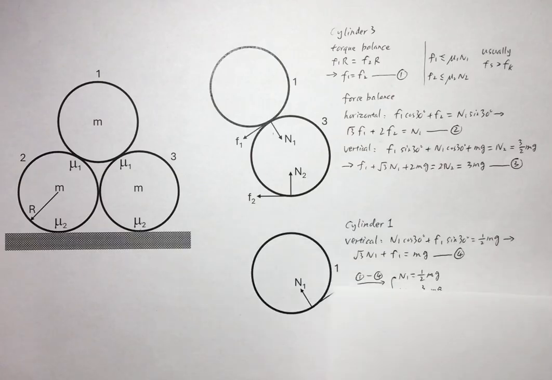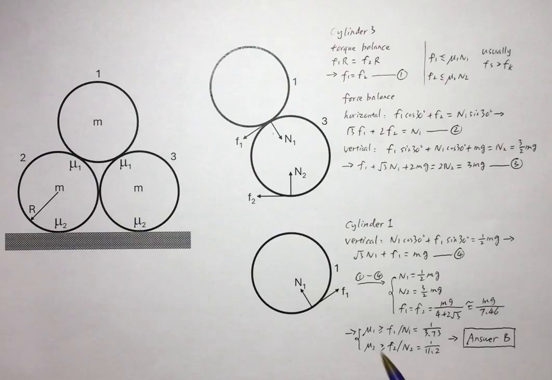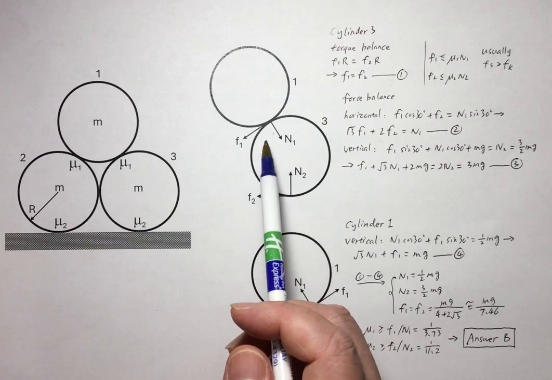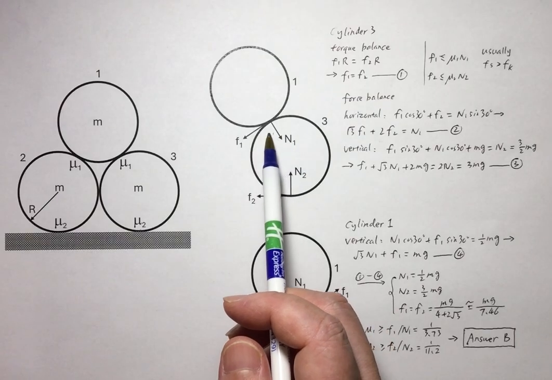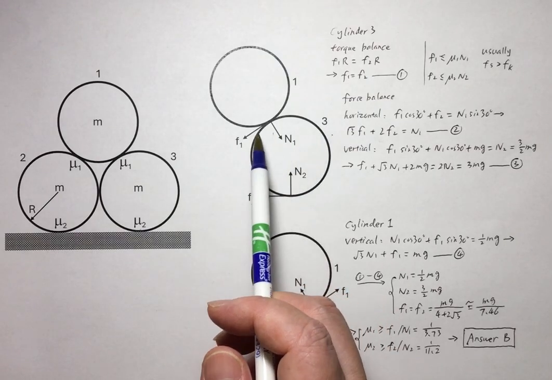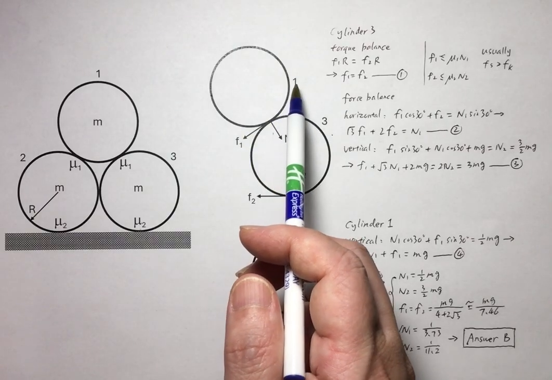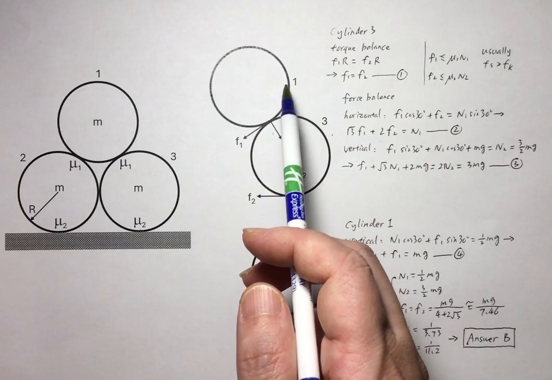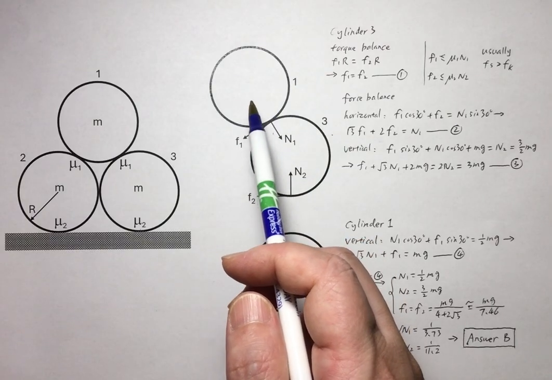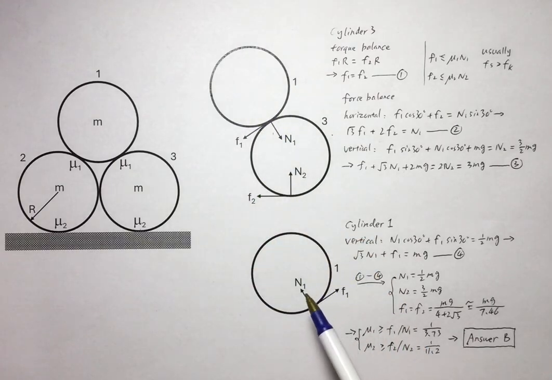So now let's look at cylinder 1. Now we only look at cylinder 1. So the forces that act on cylinder 3, F1 and N1, they also act on cylinder 1, but with opposite directions. For example, cylinder 1 will also have N1 along that direction and F1 along the opposite direction.